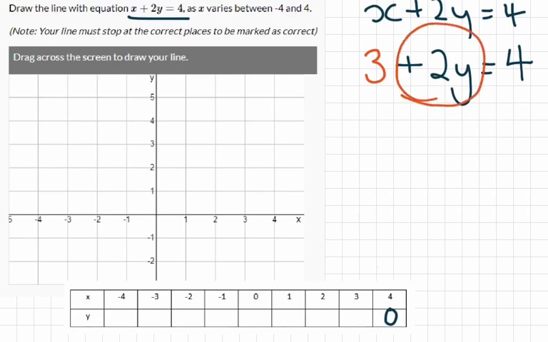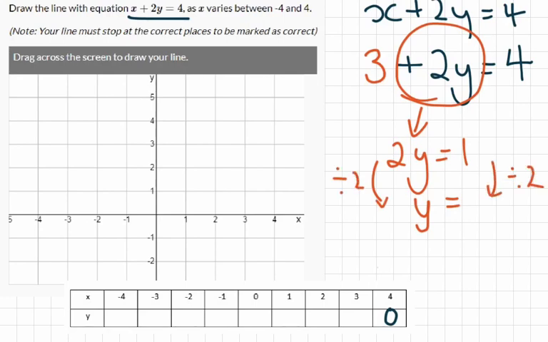We know this bit must be worth 1, because 3 add 1 is 4. So 2y must be worth 1. So if 2y is worth 1, we know the opposite of timesing by 2. We need to divide both sides by 2. So y must be a half. So here y is a half.